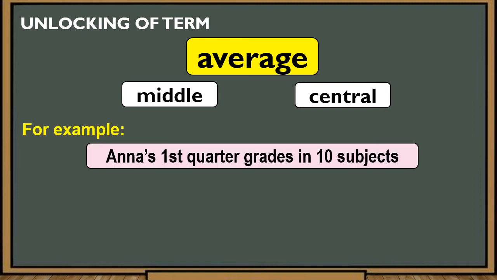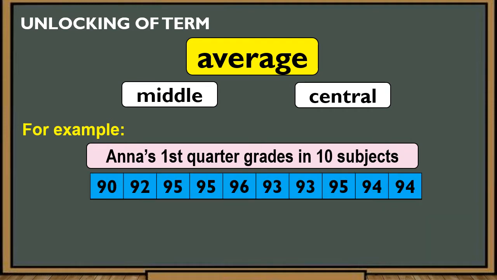For example, Anna's first quarter grades in 10 subjects are the following: 90, 92, 95, 95, 96, 93, 93, 95, 94, 94. I know you are all familiar with your average. How do you get the average grade?